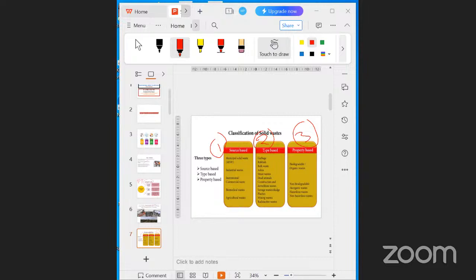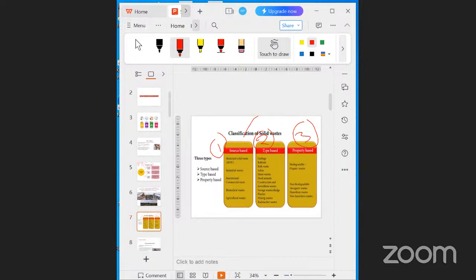Based on source of generation, waste is categorized as municipal solid waste, industrial waste, institutional or commercial waste, biomedical waste, and agricultural waste. Based on type, solid waste is categorized as garbage, rubbish, bulk and ashes, street waste and dead animals, construction and demolition waste, sewage waste, sludge, plastics, mining waste, and radioactive waste.